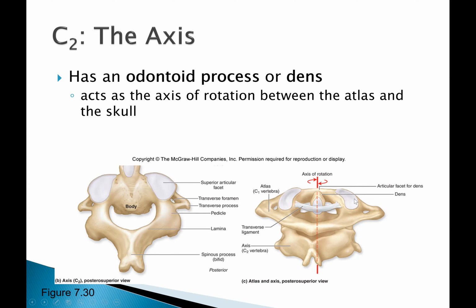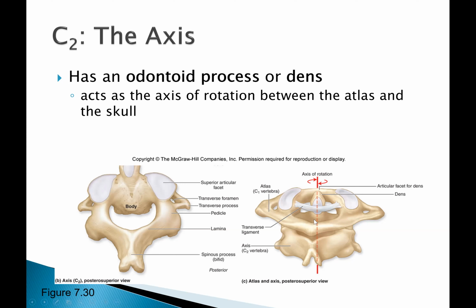What happens is that you have the atlas sitting on top. Through the hole, you have a ligament that crosses the dens. This is the transverse ligament. What this allows is your atlas to rotate back and forth.